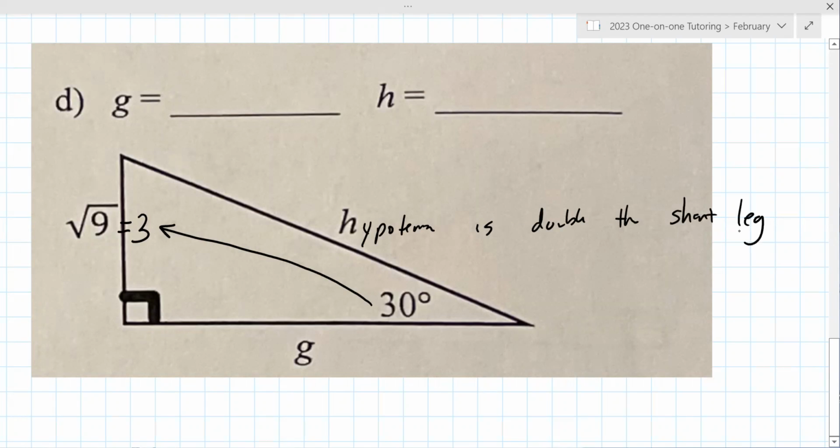What's the value of the short leg? What did you just tell me the value of the short leg is? 3. So what is double the short leg? What is 2 times the short leg? What does double mean?